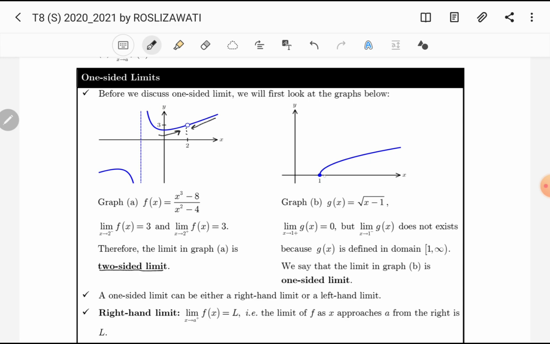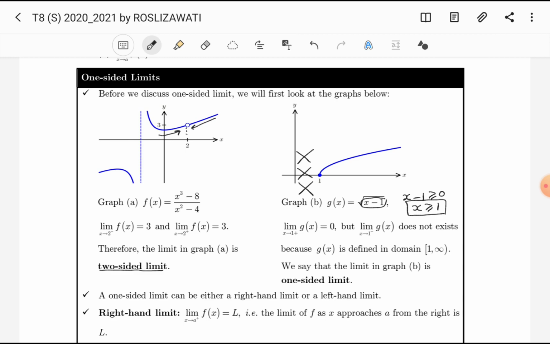For the second diagram, this is a surd function. For a surd function, if you look inside, x minus 1 is greater than or equal to 0, so x is greater than or equal to 1. Meaning that we don't have a graph on the left of 1. That means on the left side of 1 there is no graph, because the domain starts from 1 to the right.